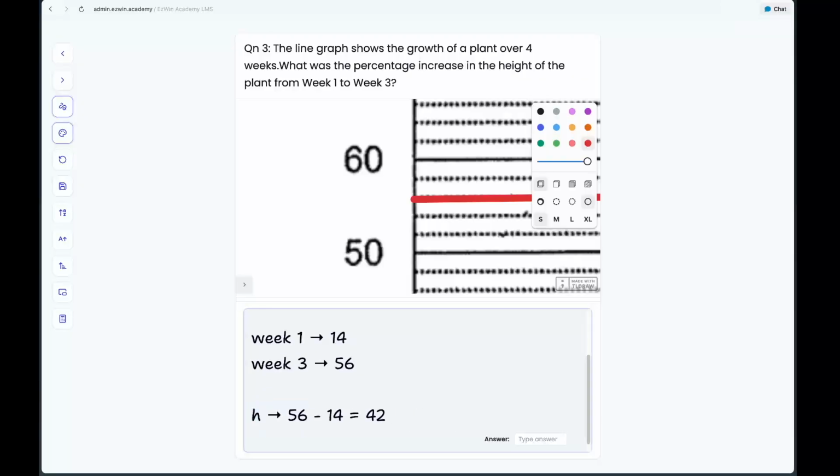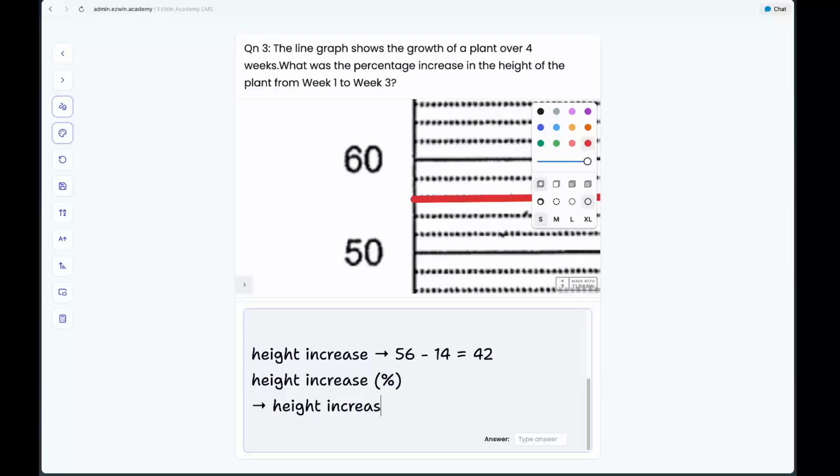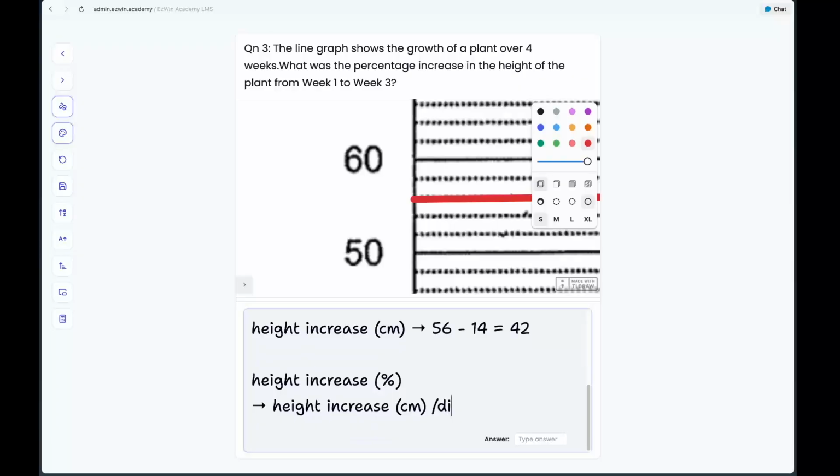So let me just write here, height increase. We want to find the height increase not in centimeters, but in percentage, which will be the height increase in centimeters, which we have calculated over here, divided by the week 1 height, and then multiplied by 100%.